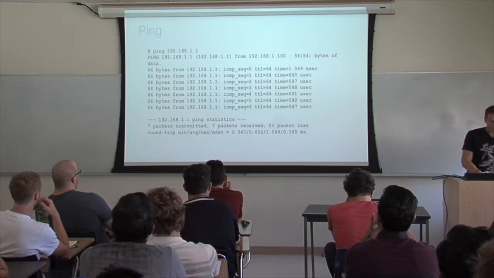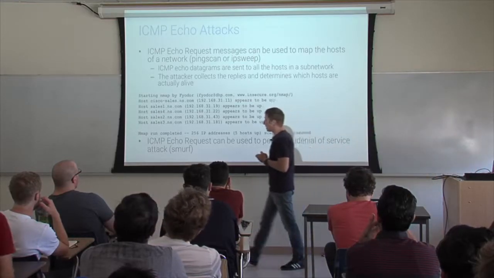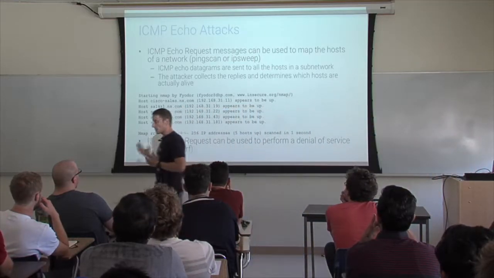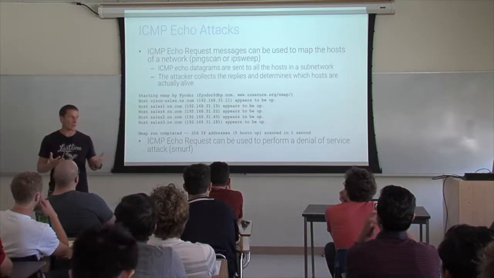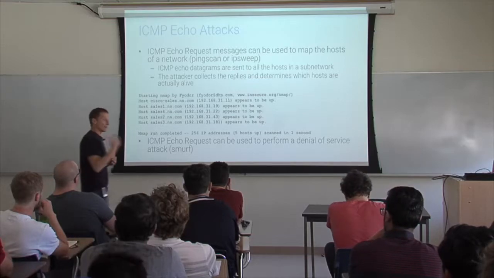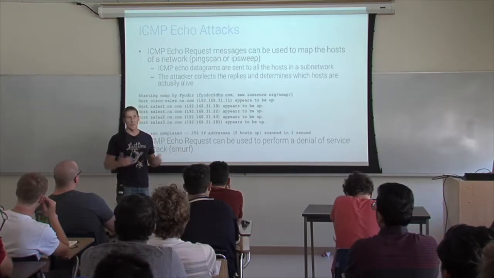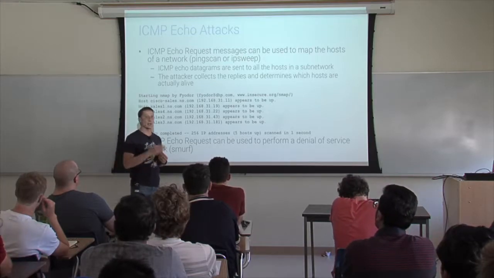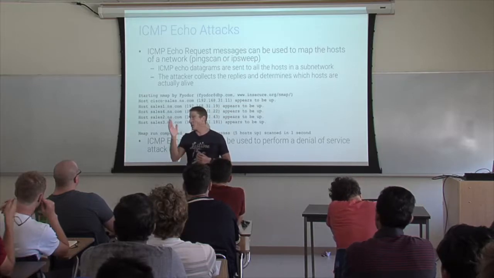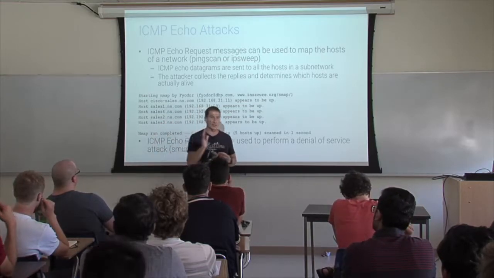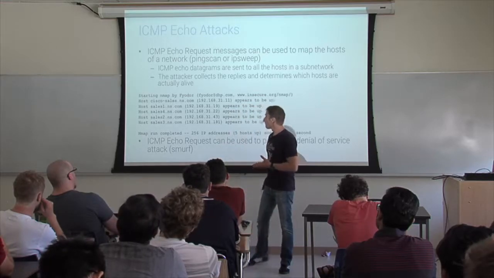Of course, ICMP is used for two main attacks. One is the classic ping sweep. When you target a network, the first thing you want to know is what hosts are up in the network. So typically with a ping sweep, you send a ping message to every single address in your network, and you see who replies to you, and you find out which hosts are available.